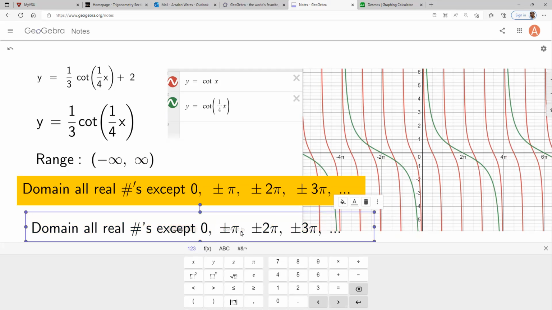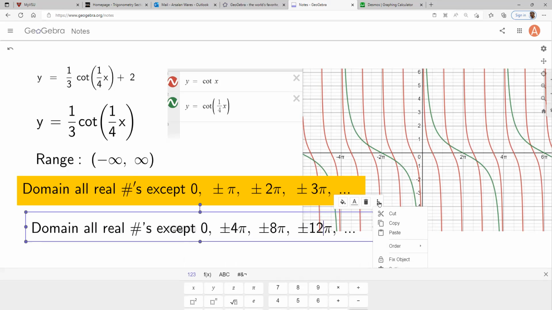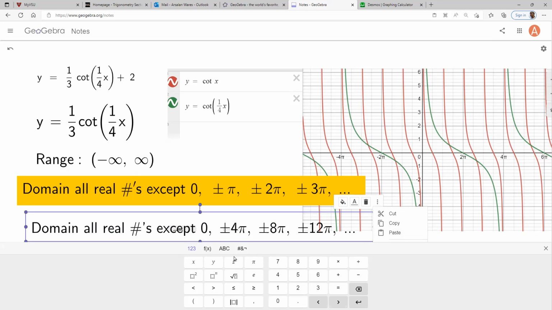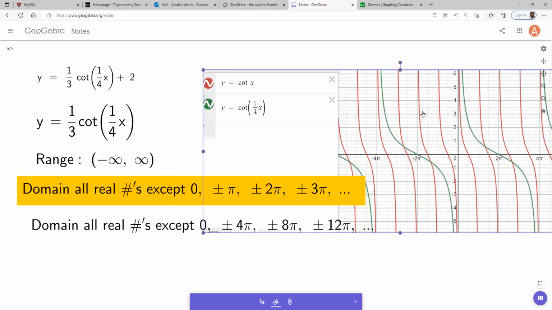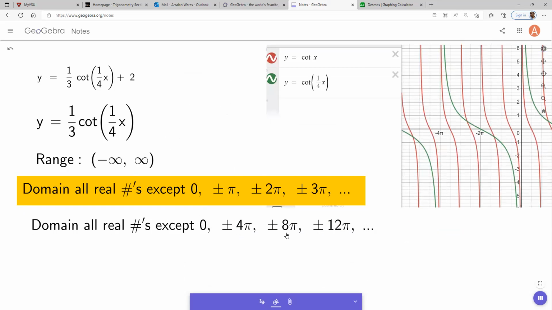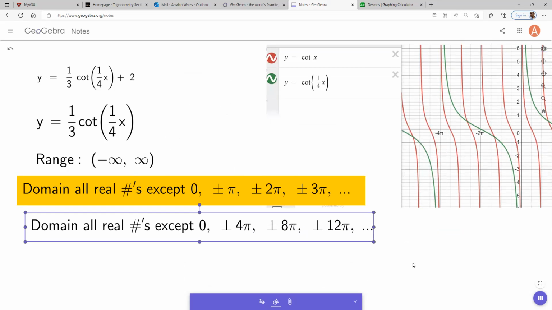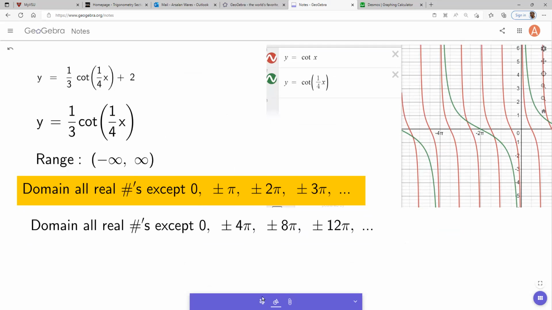So this will be multiplying by 4. This will be 8. This will be 12. Now, the way the answer shows up in your book, let's put it here properly. Let's put the curve there. This is my answer.